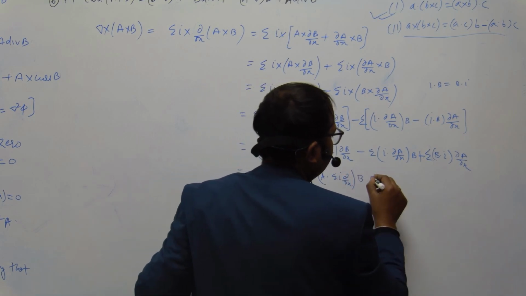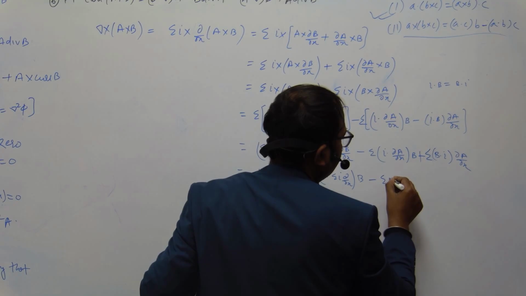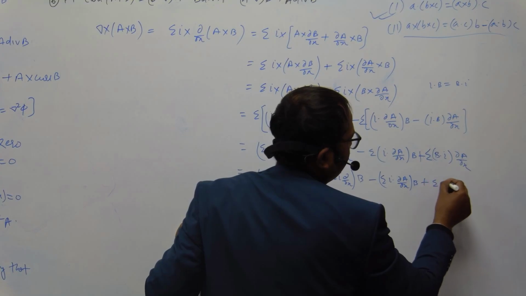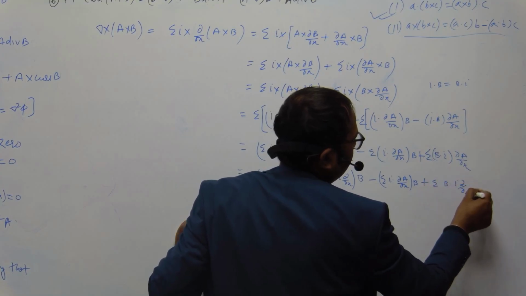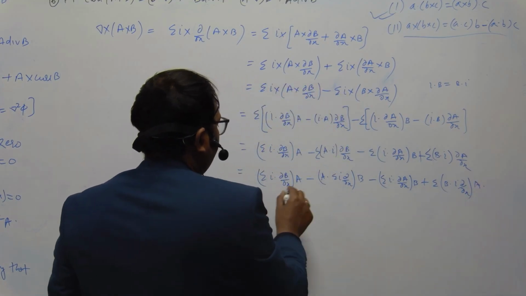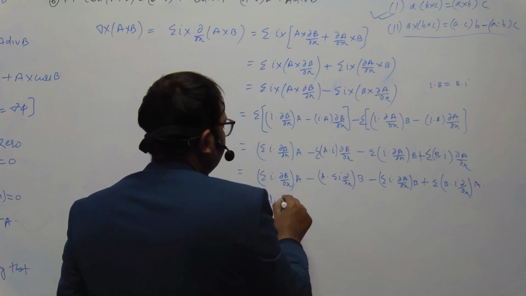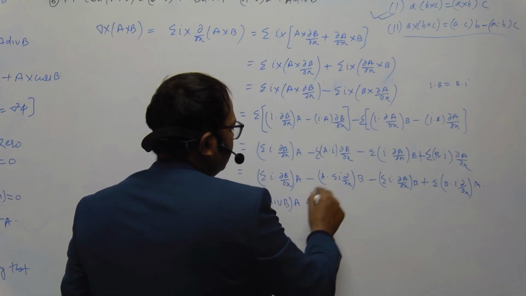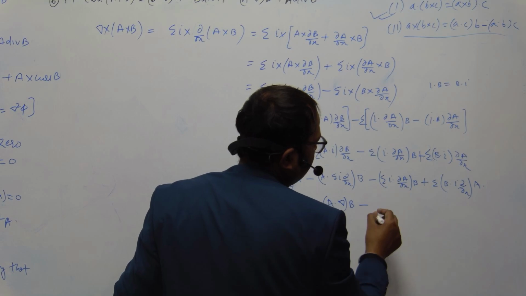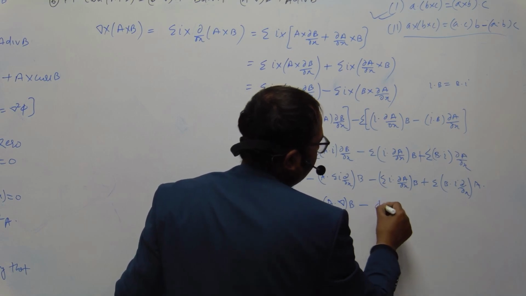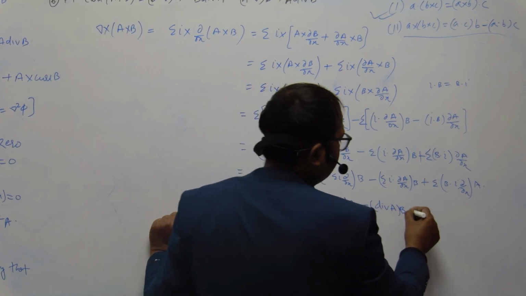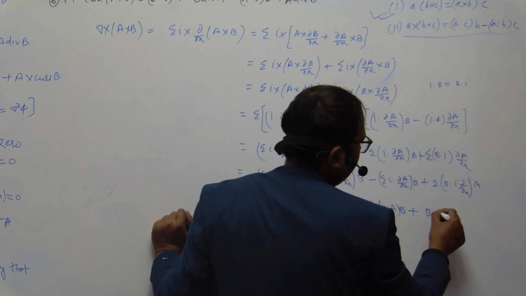Minus summation i dot del a upon del x into b plus summation b dot i del upon del x of a. So this is nothing but divergence of b into a minus a dot del into b minus divergence of a into b plus b dot del into a.